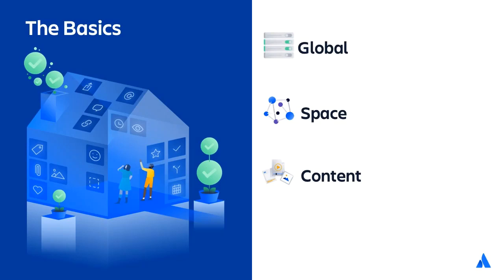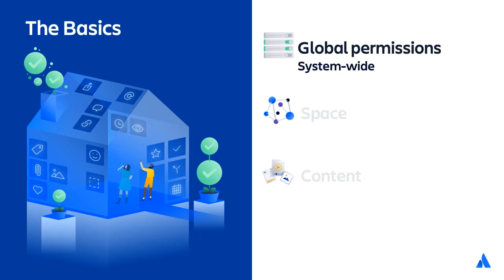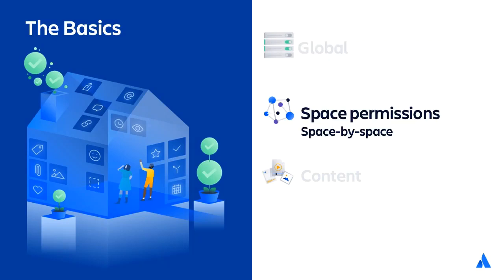When we talk about the basics of permissions in Confluence, we're talking about global permissions, space permissions, and content level restrictions. Let's define briefly. Global permissions in Confluence are system-wide. They grant individual and group access to Confluence at the global level, including the permission to create personal or general spaces, to use administrative features, etc. There are also options for anonymous access.